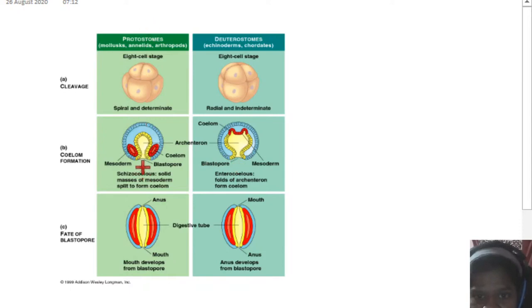For the protostomes, this one becomes the mouth, and for deuterostomes, this one becomes the anus. Okay. And the cleavage, as we have seen before, this is at an angle and this is at 90 degrees, and as we have already seen, this forms the anus and this forms the mouth in the protostomes and the deuterostomes. This is the difference between those two.